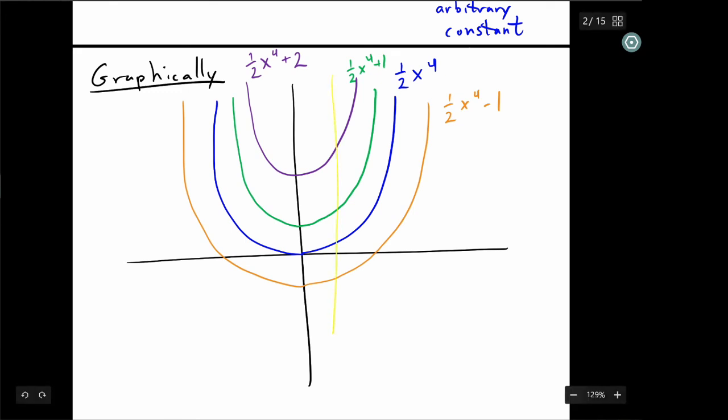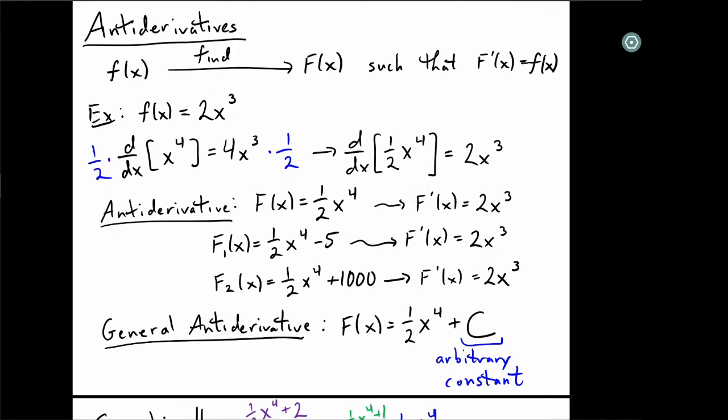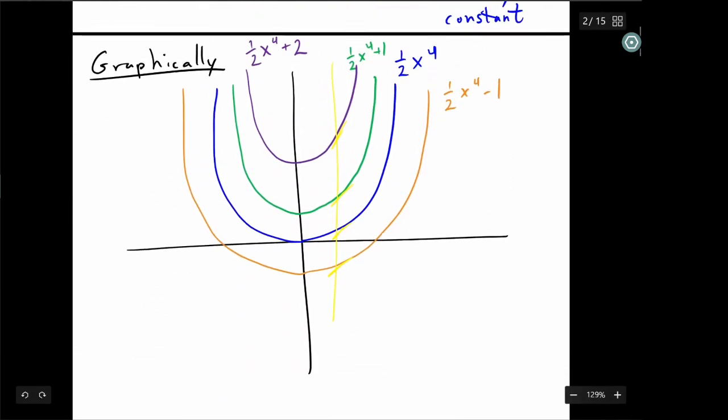At this x value right here, whatever this is, the slope here, here, and here, it doesn't quite look like it from my drawing, but the slopes at each of these points on each of these graphs should be exactly the same. So we're saying that all of these functions have the same slope, 2x cubed.